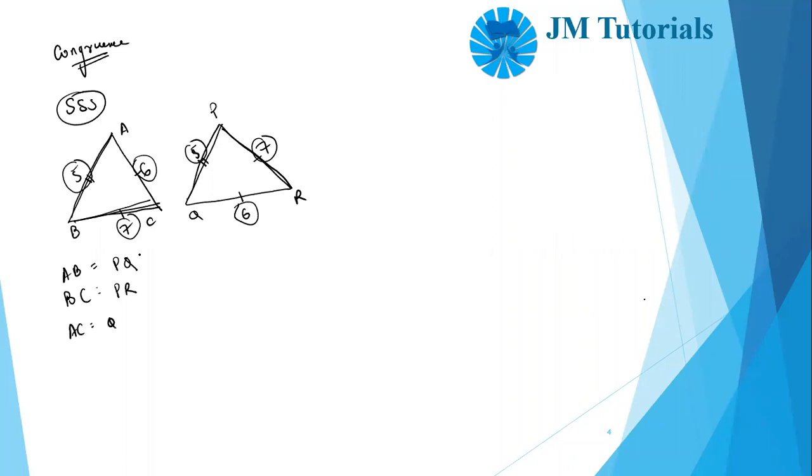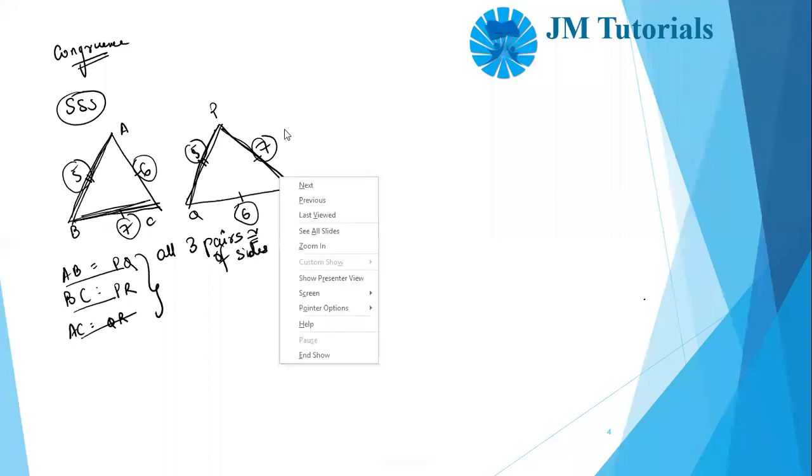Something like this happens when all three pairs of sides are congruent. I say that the triangles are congruent. Orientation does not matter. That means this is not always necessary to match this; this could be equal to this also. What matters is that the sides have to be congruent.